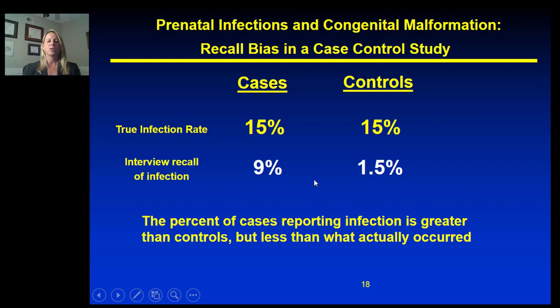What we're seeing here is both a recall bias, that is, more cases than controls are reporting the past infection. However, we're also seeing a bias in terms of the amount that's being reported. That is, the reported amount is less than the true amount. So two types of biases are occurring here. But the main message is that you have this discordance between the infection rates that are being reported, and that's a recall bias.